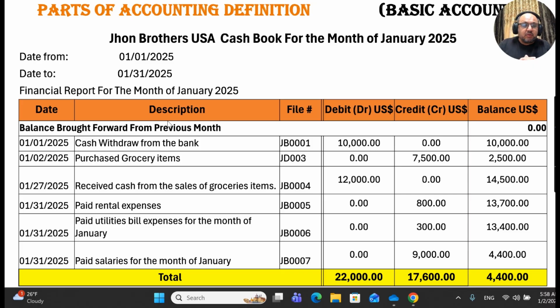A cash book is not necessarily small. It could have from 100 transactions up to thousands or millions of transactions, depending upon the activity of the business.